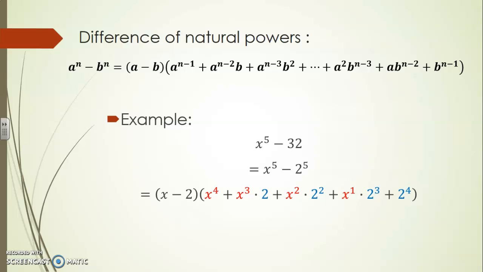And in the remaining term, notice how we are adding expressions that all have x's and 2's, but in powers that vary. In the first term, x to the 4, 3, 2, 1, and finally in the last term, no x's at all. And 2 has increasing powers, no 2's in the first term, 2 to the 1, 2 to the 2, 2 to the 3, 2 to the 4. And here would be a factored version of x to the 5 minus 32.